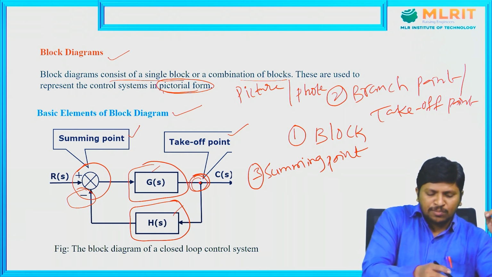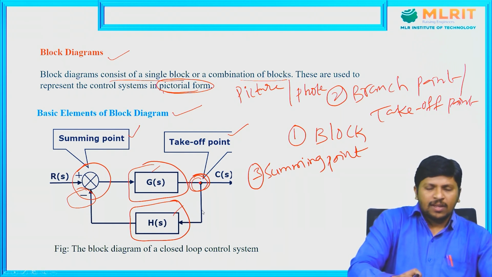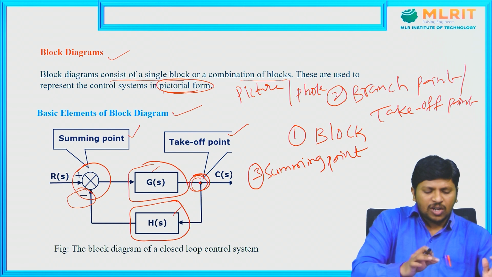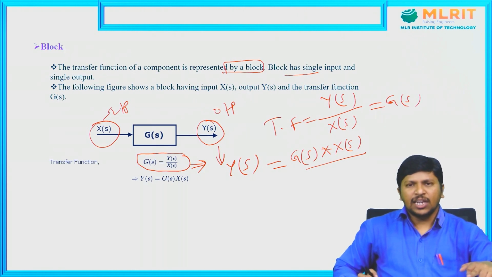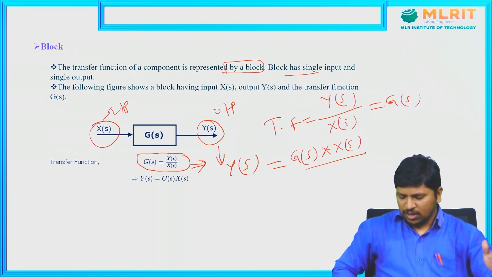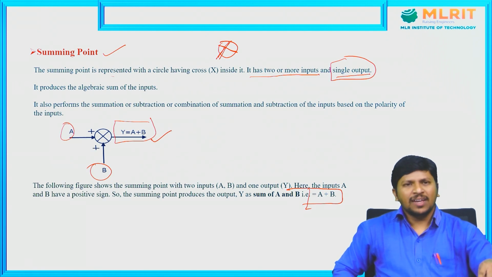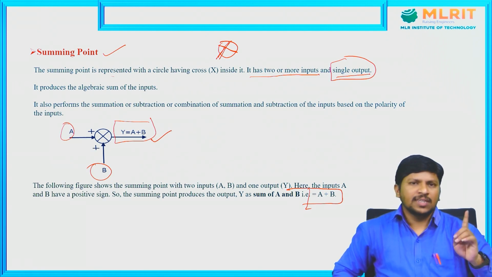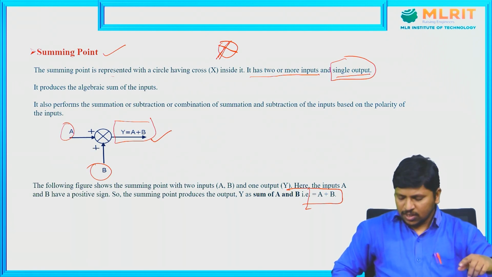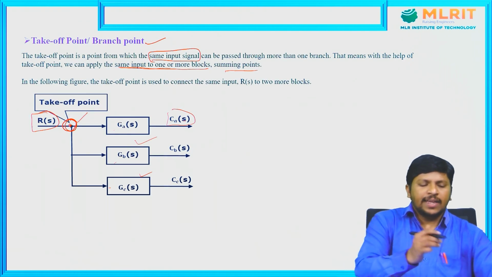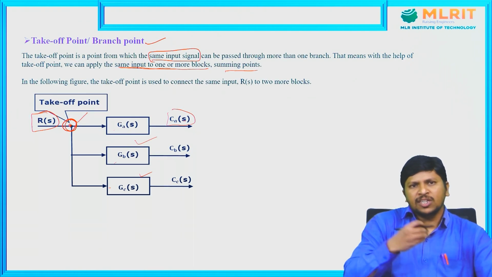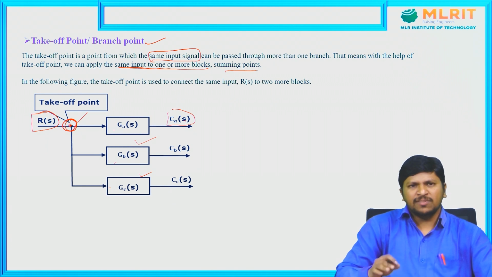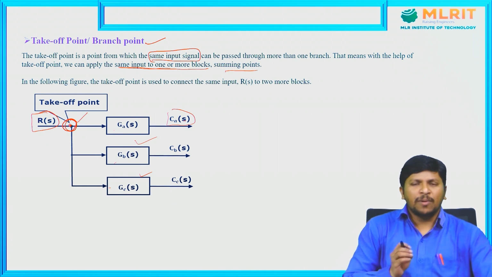We observe all this from the block diagram. A block has a single input and single output, as we learned. The summing point has two or more inputs and a single output. The third one is the take up point or branch point, by which we give the same signal to more blocks and more summing points.